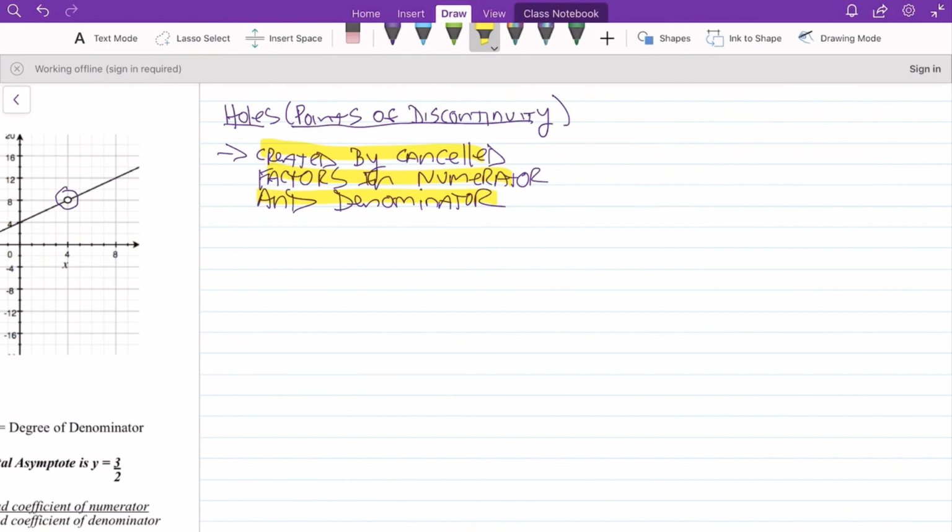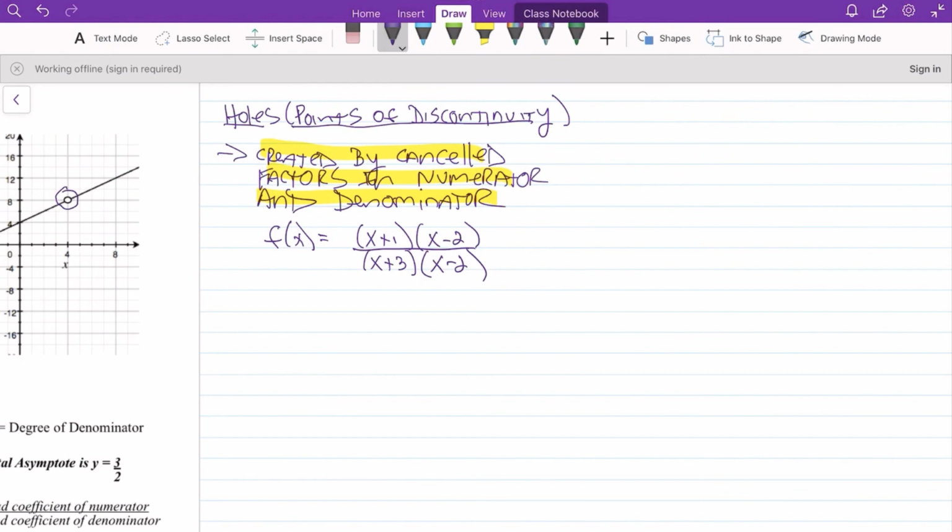So for instance, if I just made one up here, if we had f of x equals, and I'll keep it in factored form, x plus 1 times x minus 2 over x plus 3 times x minus 2. Now the first step whenever we're working with rational functions is we want to factor the function.